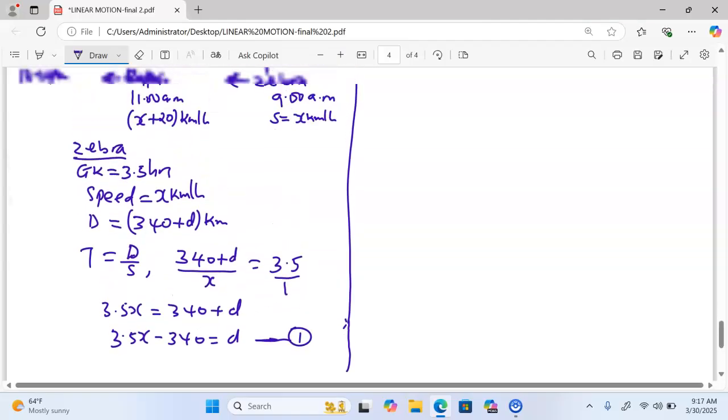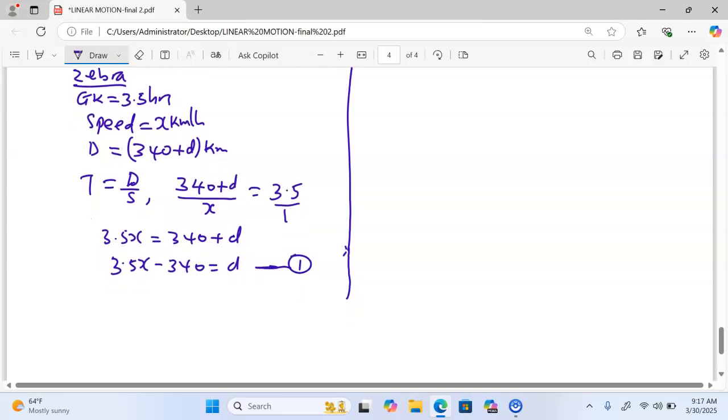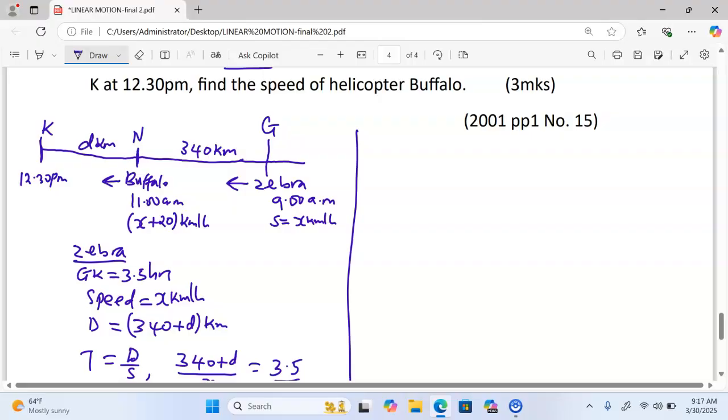We can now move again and get Buffalo. For Buffalo, it is moving between N and K. The distance is going to be D kilometers. The time taken between 11 and 12:30 is going to be 1.5 hours. And of course, the speed is going to be x plus 20 kilometers per hour.